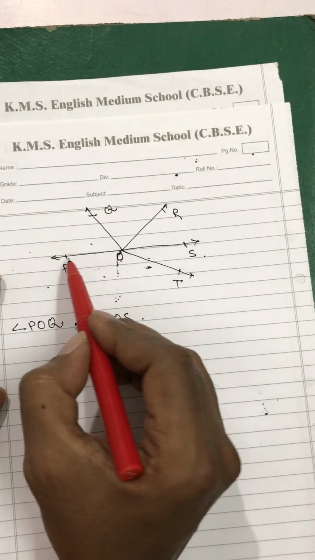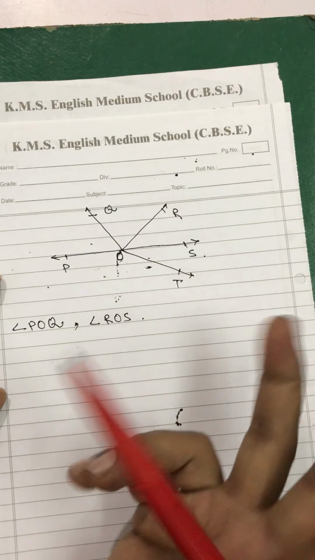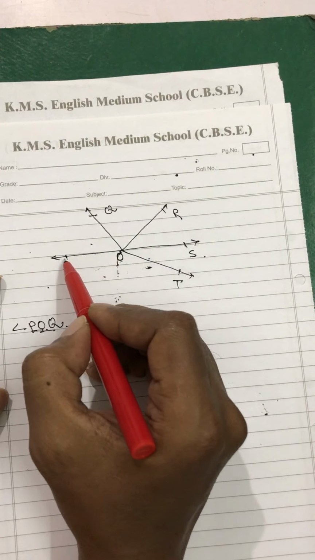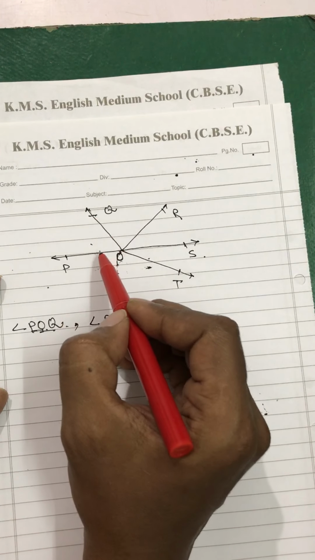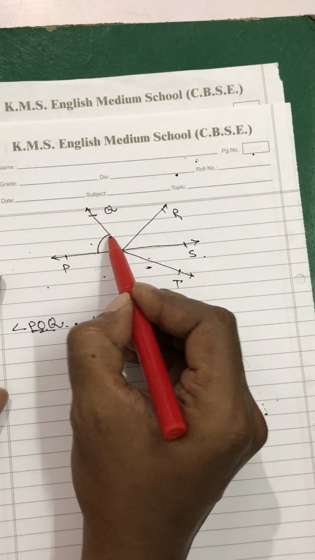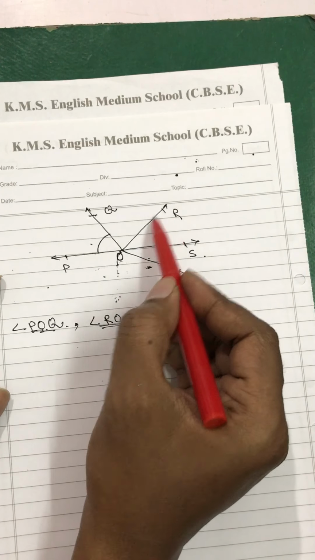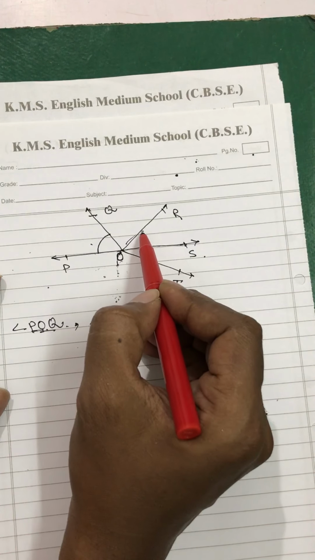Now, angle POQ: PO is one arm and OQ is another arm, right? I'll always trace the arms. PO, OQ. This is the angle, so the marking you will make is POQ. What is the other angle? ROS. So the marking is this.